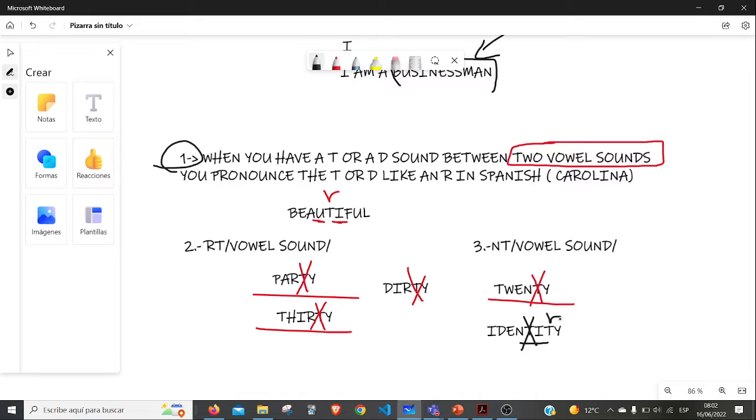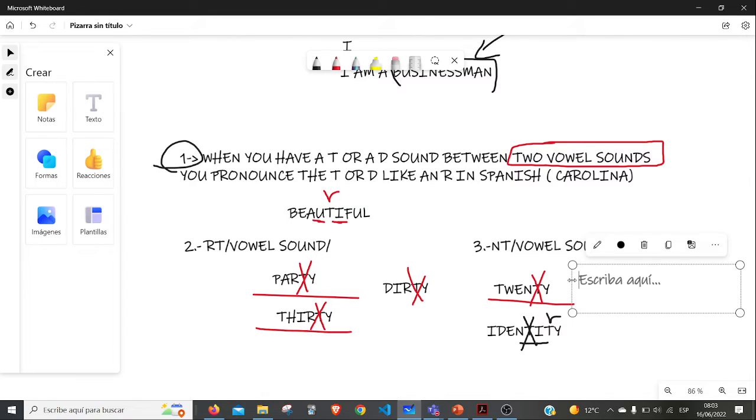Did you understand rules number 1, 2, and 3? Yeah, you sound better. Do you have other examples? Of course.